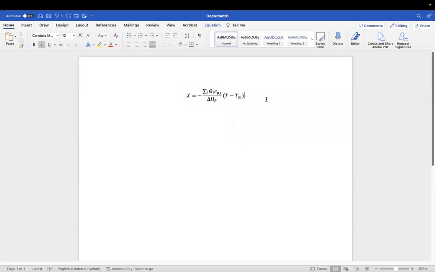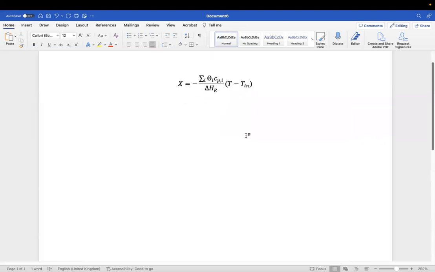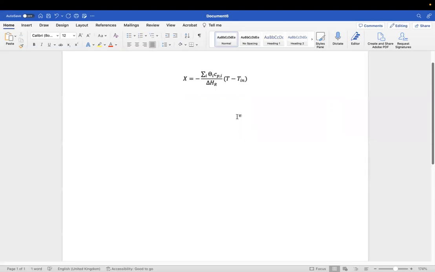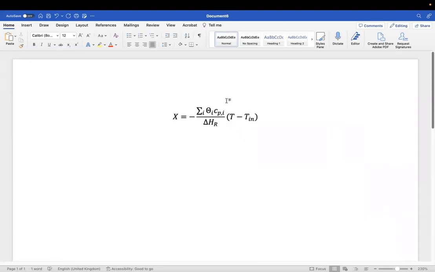So our energy balance gave us this equation when we didn't have heat added to the process, right? That is how our conversion would change with temperature according to the energy balance.